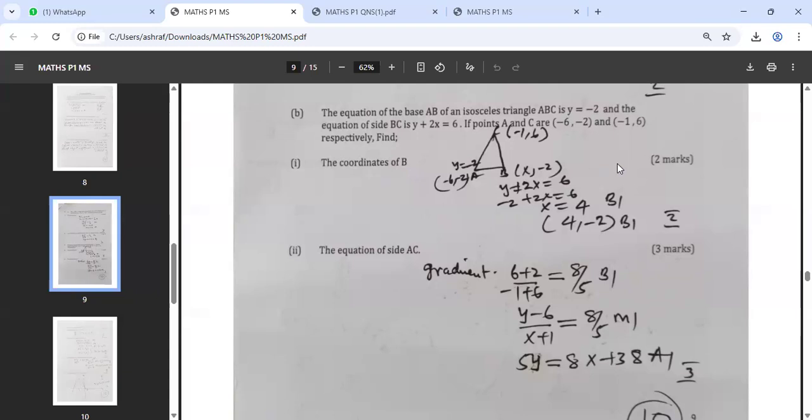At B. That's why I've said B is the point of intersection of BC and AB. Okay. Any other question? Okay, no question.